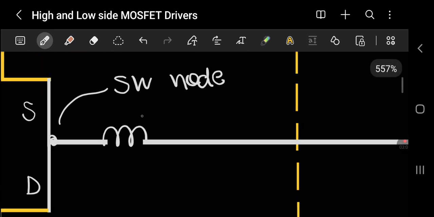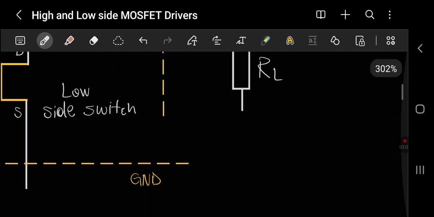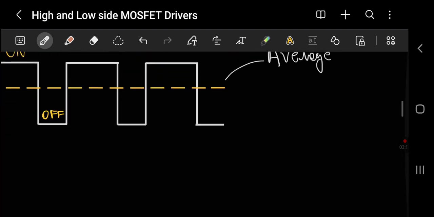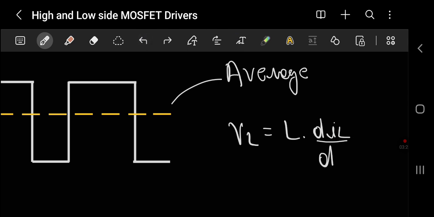And on the inductor we're going to have a voltage drop VL, and if you remember, VL is equal to the value of the inductor times the derivative of the current on the inductor with respect to time. And this is the rate of change of the current on the inductor.